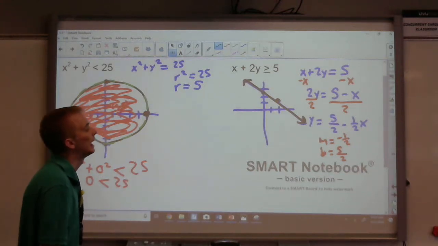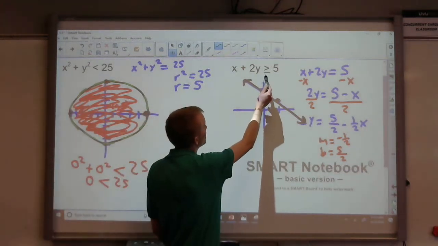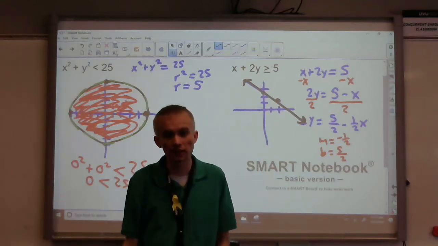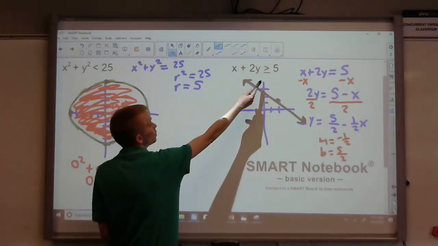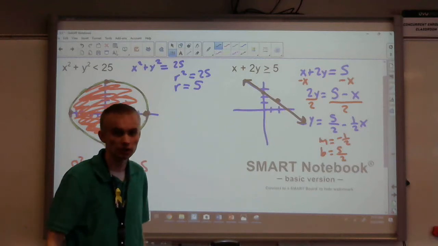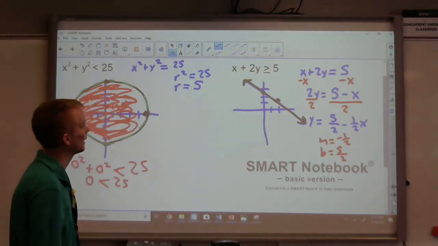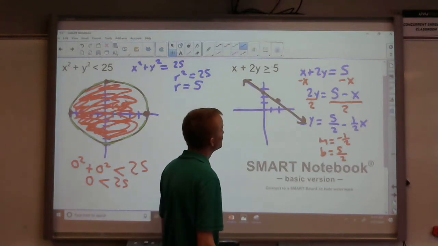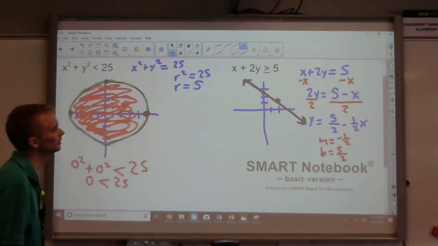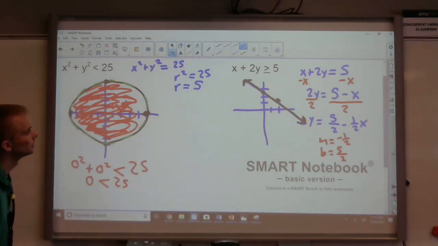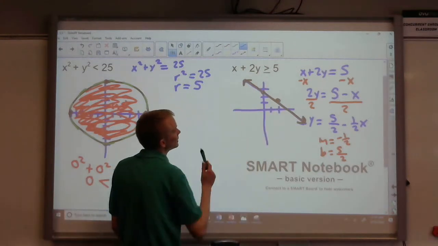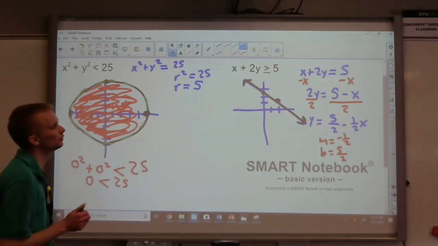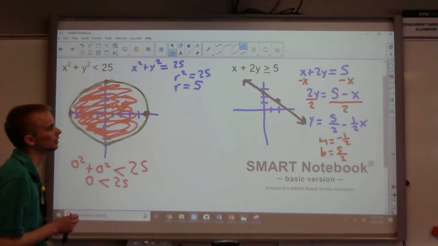Now, let's remind ourselves, do we need a solid or a dotted line for this? Well, there's an equal to, so solid, right? Solid line, okay? And then the inequality I'm going to be dealing with here, I just need to figure out, should it be on the top or the bottom?